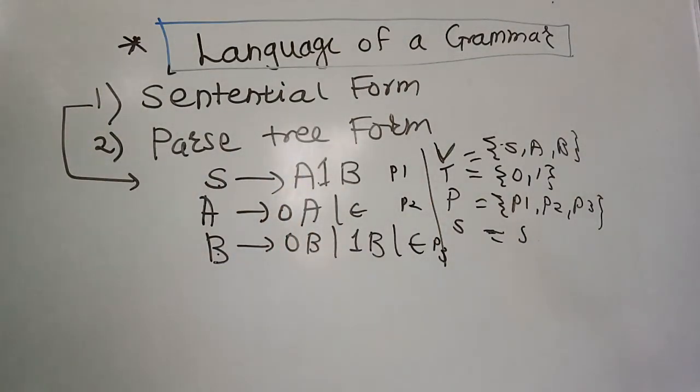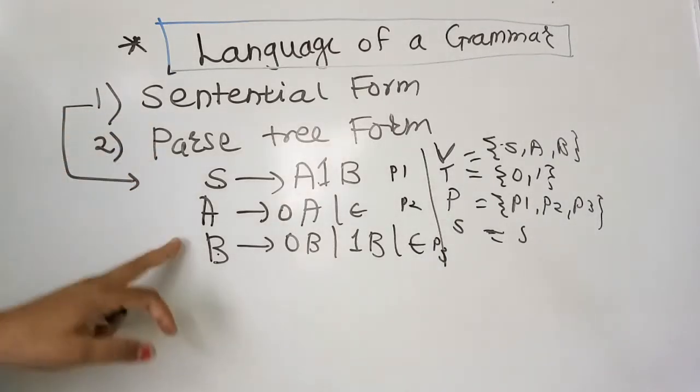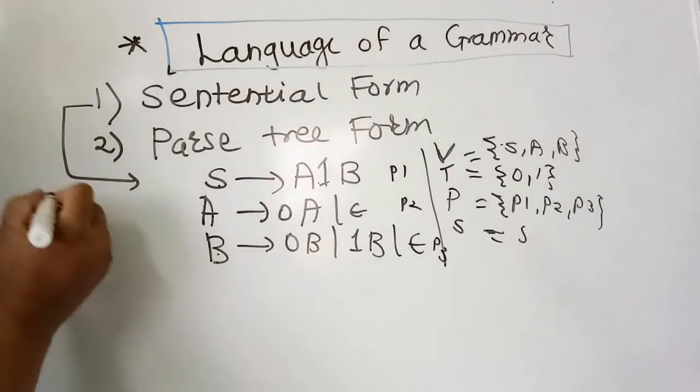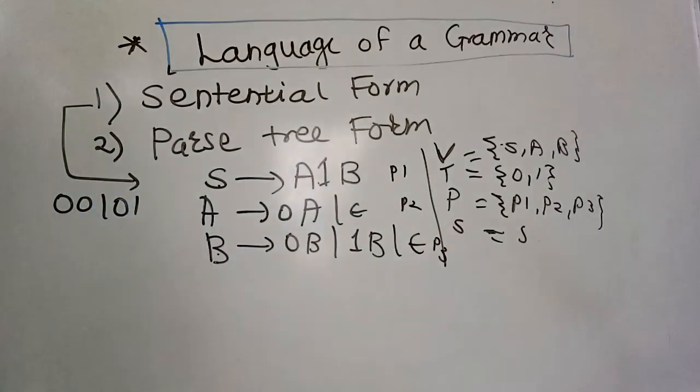Now if we want to generate a string from this grammar, or you have been provided one string and asked to derive that from the grammar, then it should be in a sentential form. Then how can we derive that string? Suppose that string is 00101. This is a string, and the task for us is that we have to generate this string starting from the starting symbol of the grammar.